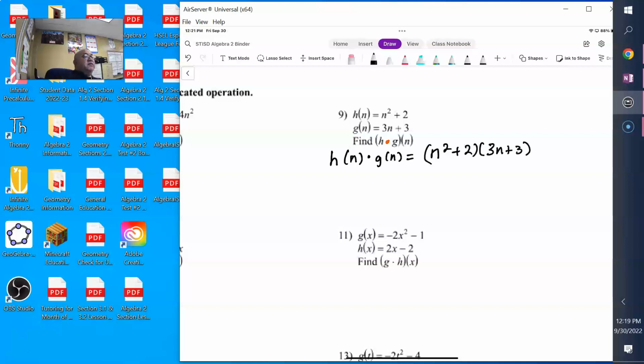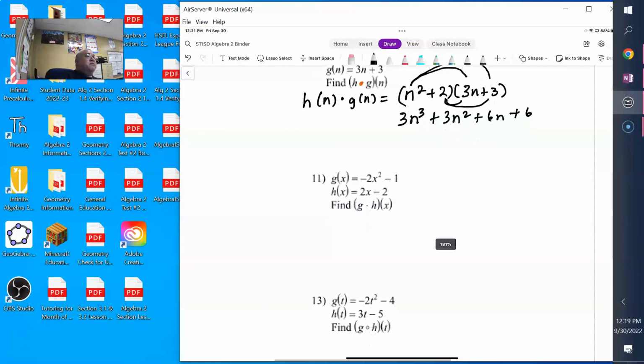Some of you have been struggling multiplying binomials, and what you're going to do is use the FOIL method. n squared times 3n, which is n times n times n, so it's n to the third power. n squared times 3 is plus 3n squared. 2 times 3n is plus 6n. And then 2 times 3 is 6. You want to combine like terms. In this case, we don't have anything that's alike, so that would be the answer.